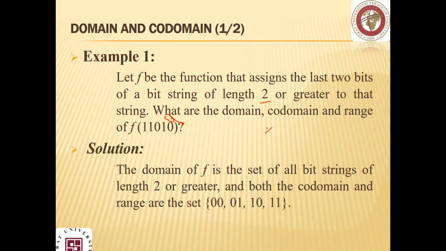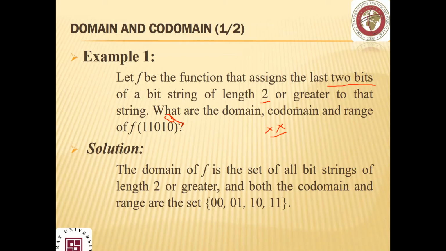XX could be 00, 01, 10, 11. Or greater means any length more than 2. Either 2 or greater. So if you provide anything composed of 2 bits or more, it will provide you 2 bits as an output.